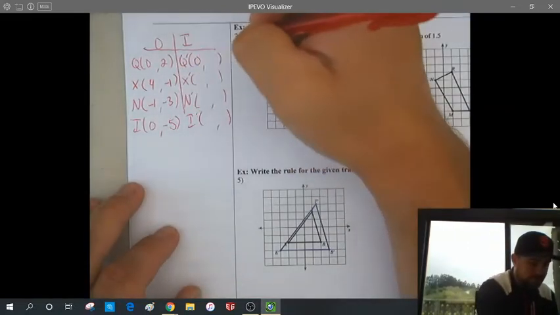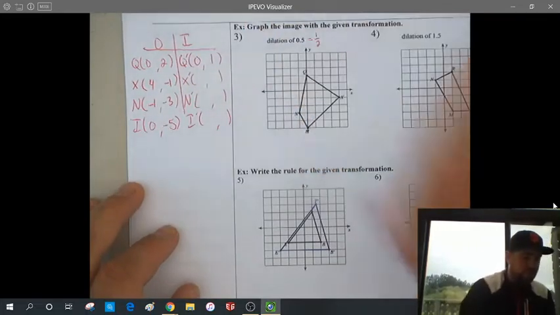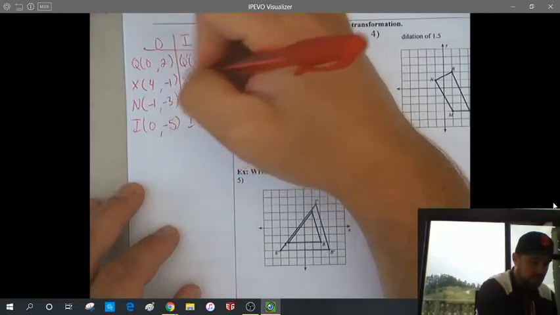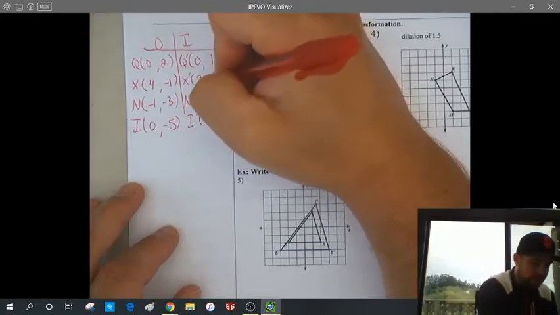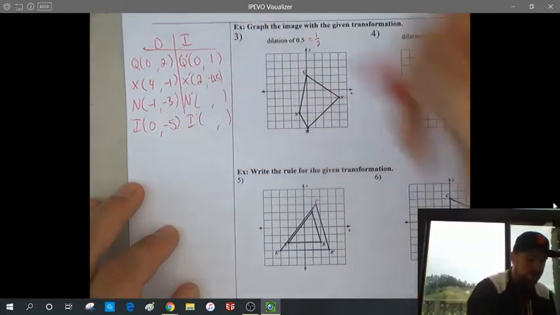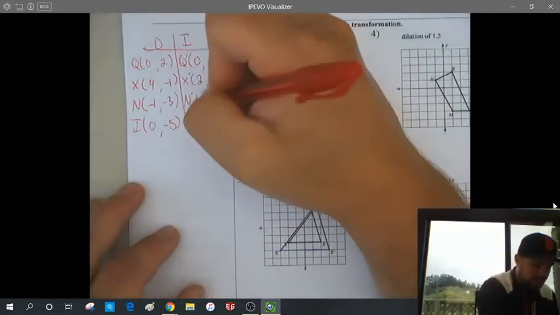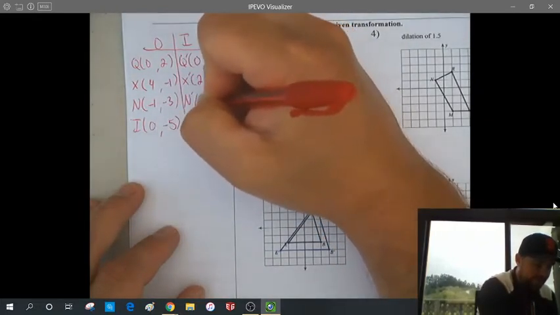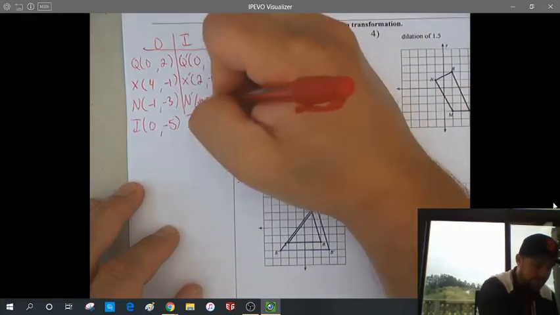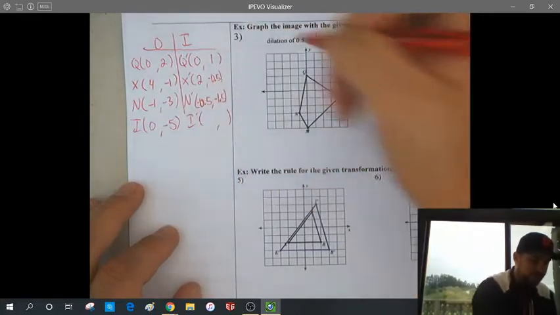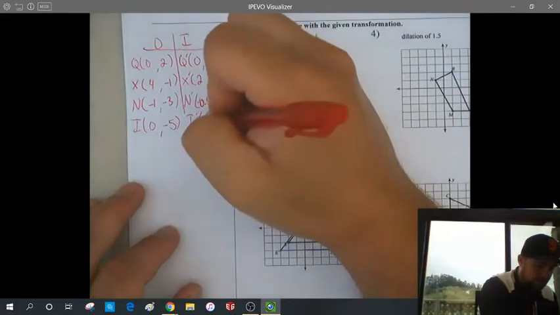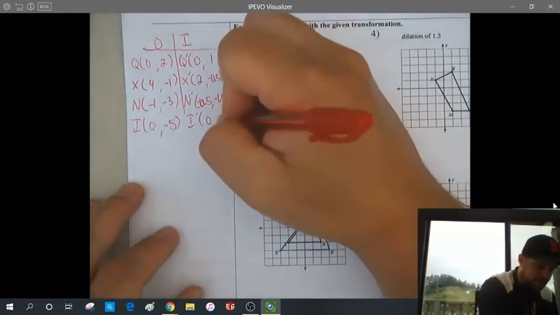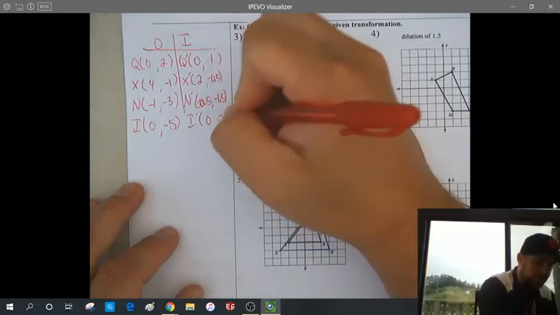Still going to be 0 for 0, but then 2 will become 1. 4 will become 2. -1 will become -0.5 or -1/2. -1 again, so -0.5 or -1/2. -3 becomes -1.5. 0 becomes 0, and -5 will be -2.5.